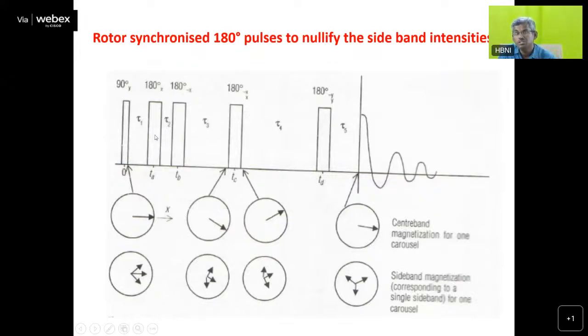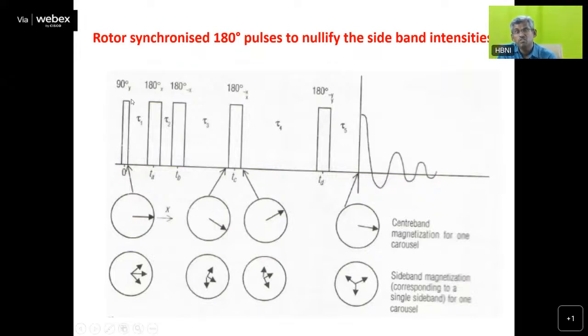Rotor synchronized pi pulses can randomly defocus sideband magnetization, and this leads to an averaging effect, and you will not see a peak corresponding to the sideband.